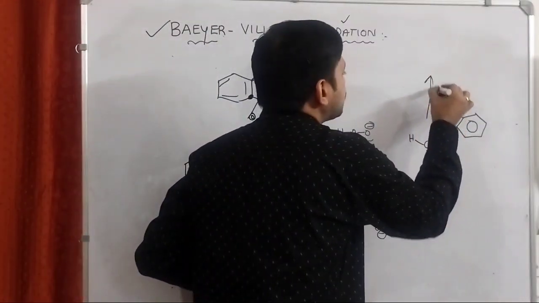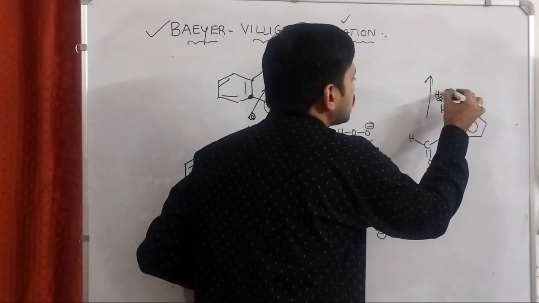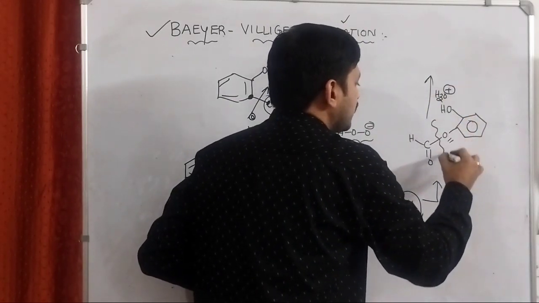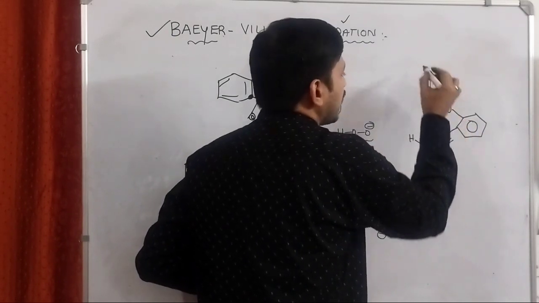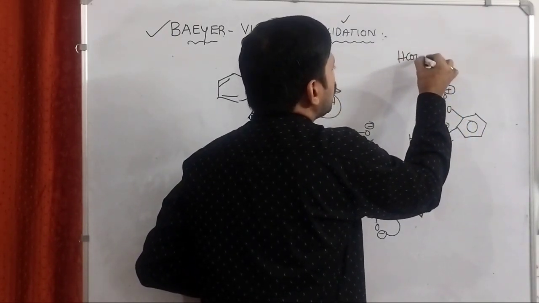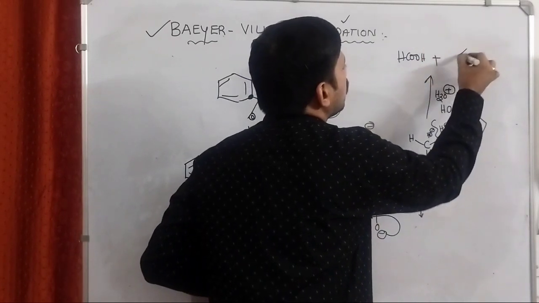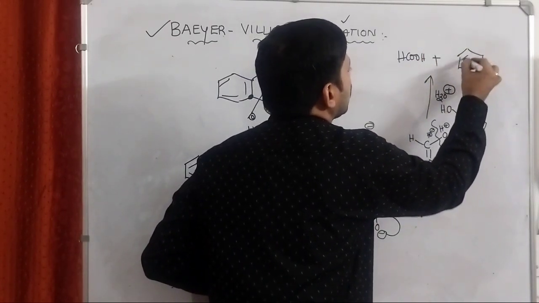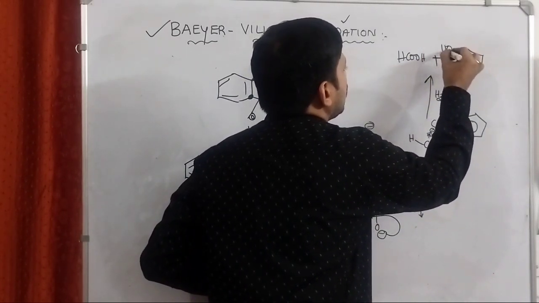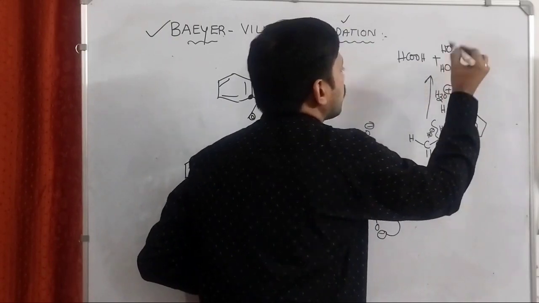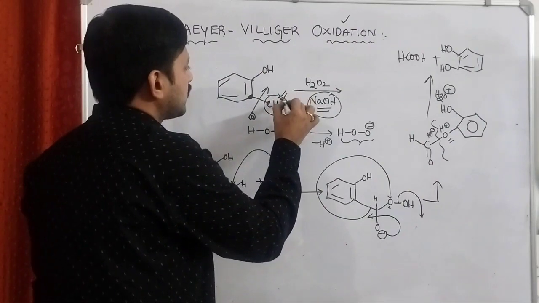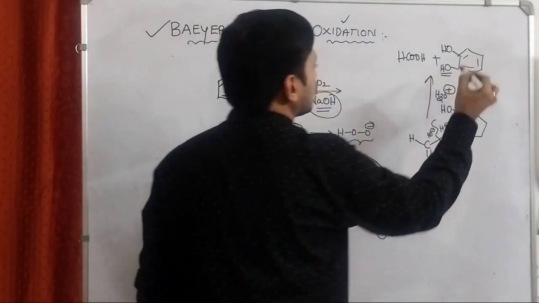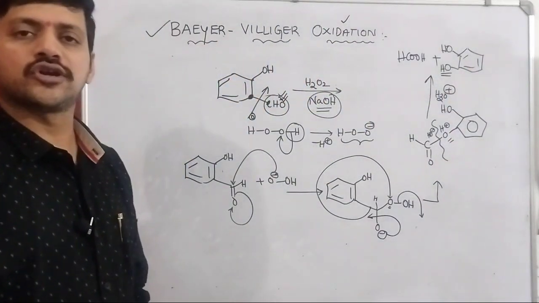If this one is subjected to hydrolysis, what will happen? H plus and OH minus. So HCOOH, formic acid, will be removed and we will have OH. Simply see this one. The aldehyde is converted into what? The corresponding OH, or not?